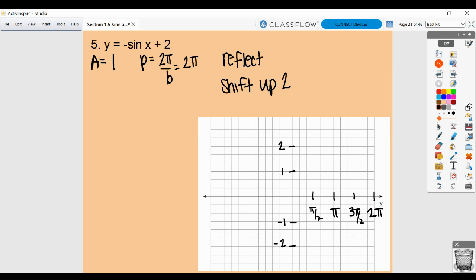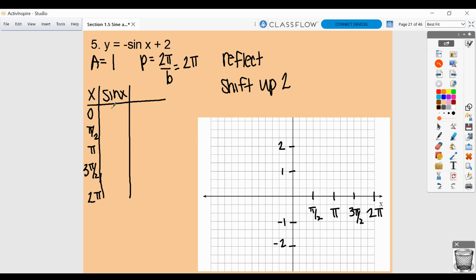All right, so now you're ready to make your chart. So we've got 0, pi over 2, pi, 3 pi over 2, and 2 pi. The original sine function, once again, easy to memorize: 0, 1, 0, -1, 0.